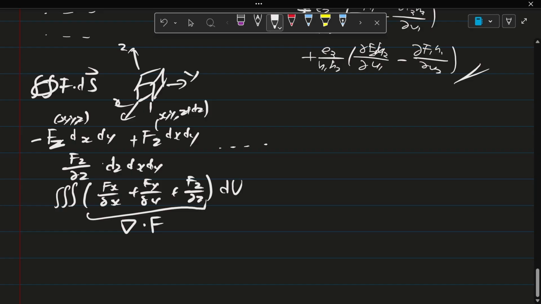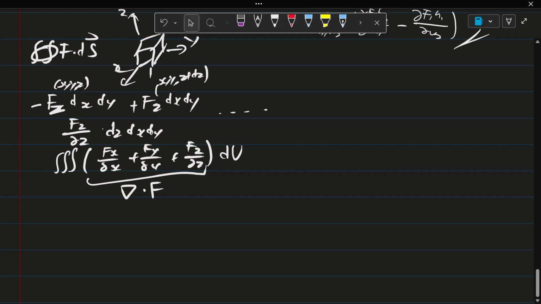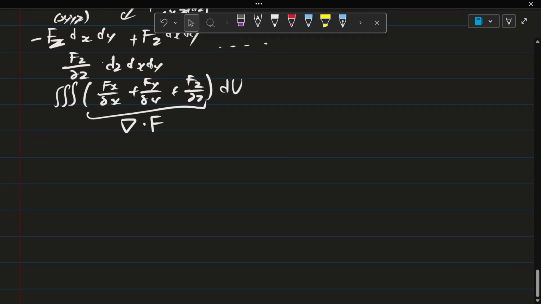And so there are also formulas for you to solve for the divergence in other coordinate systems. The way that you could do this is by using the same logic. If you take the very small change of f dot dA, this would correspond to the divergence of f dv.